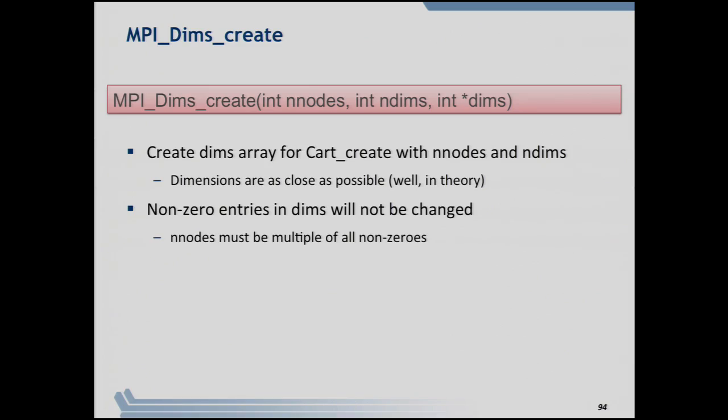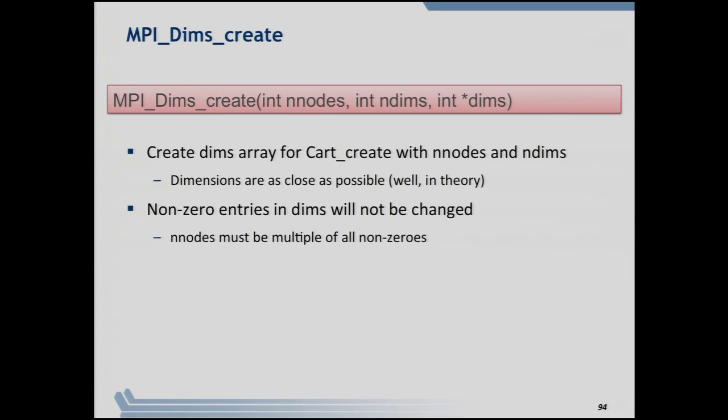How do you know whether 10 by 10 is a good decomposition, or 20 by 5 is good, or 25 by 4 or whatever? In general, it's hard to know. So there is a convenience function provided. If you know what you want to do, you can just use it, or you can ask MPI to suggest. So before calling this cart create function, you can ask MPI to suggest.